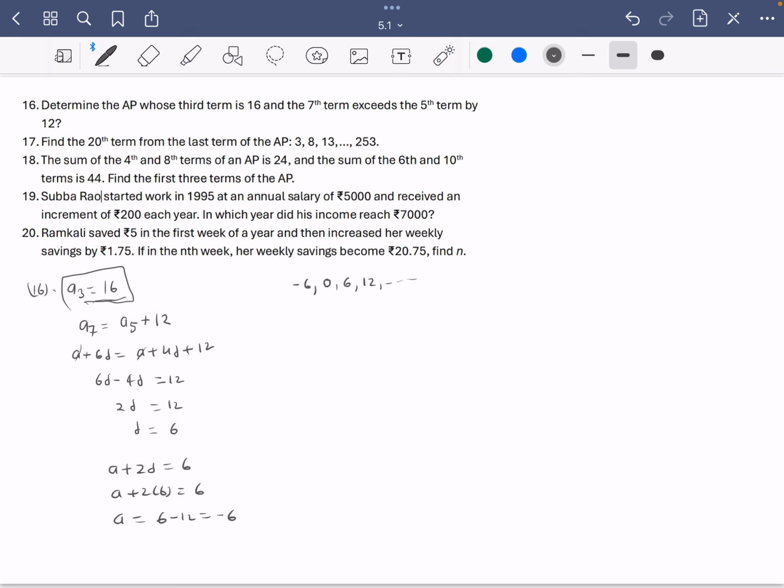Wait, it should be a plus 2d is 16, not 6. Okay, 16 minus 12 is 4, so it should be 4. Not here. So the first term should be 4, then 4 plus 6, 10, 10 plus 6, 16, 16 plus 6, 22, and so on.